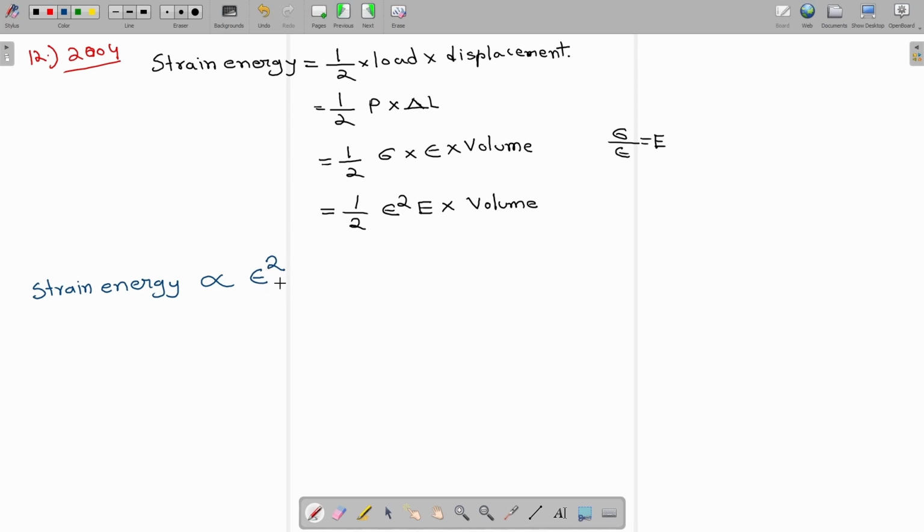Now this is strain, right? We can write that strain is directly proportional to displacement, that is delta L.